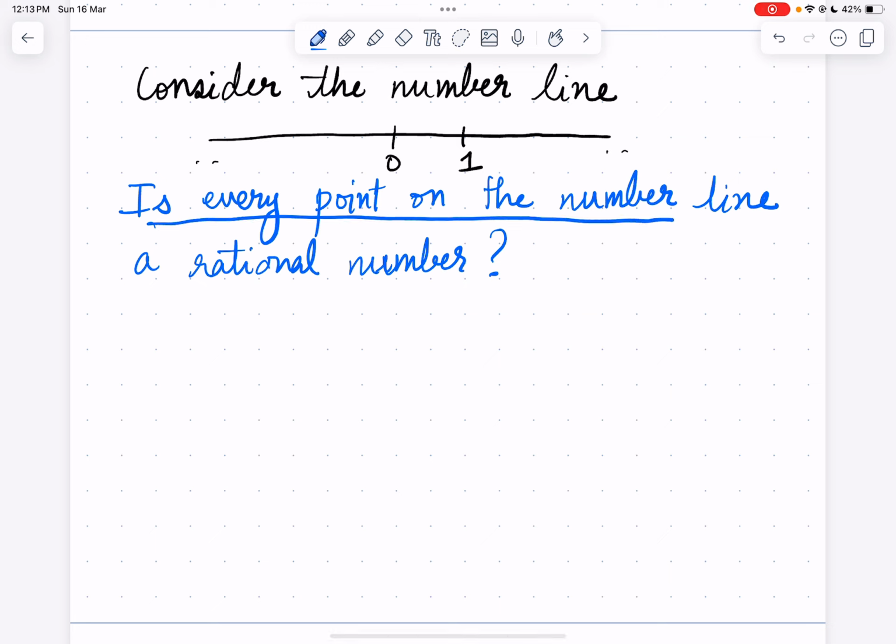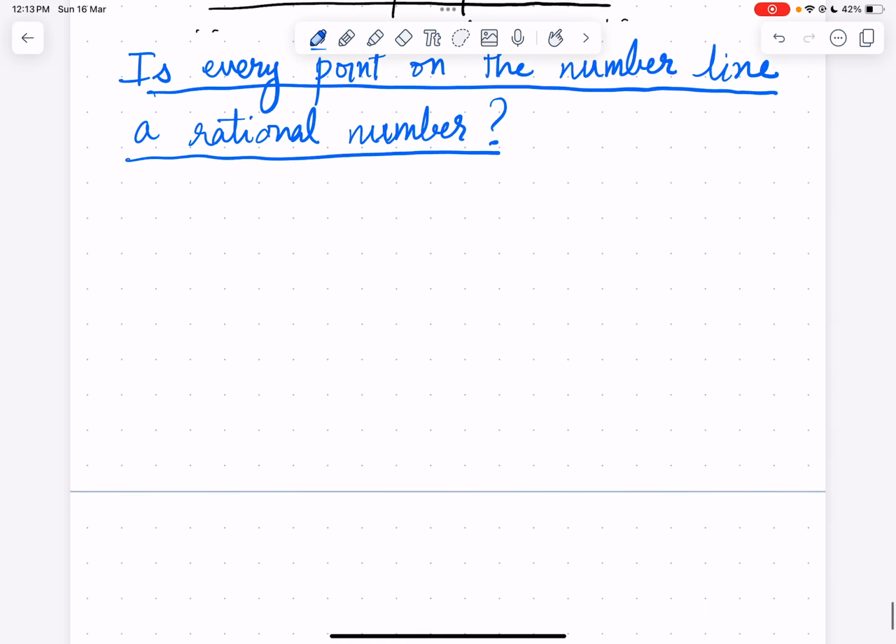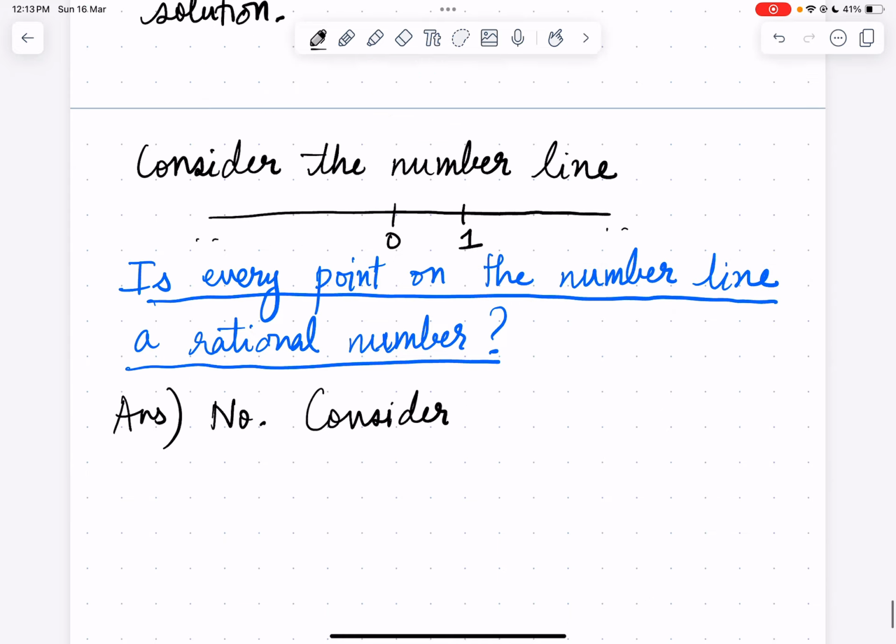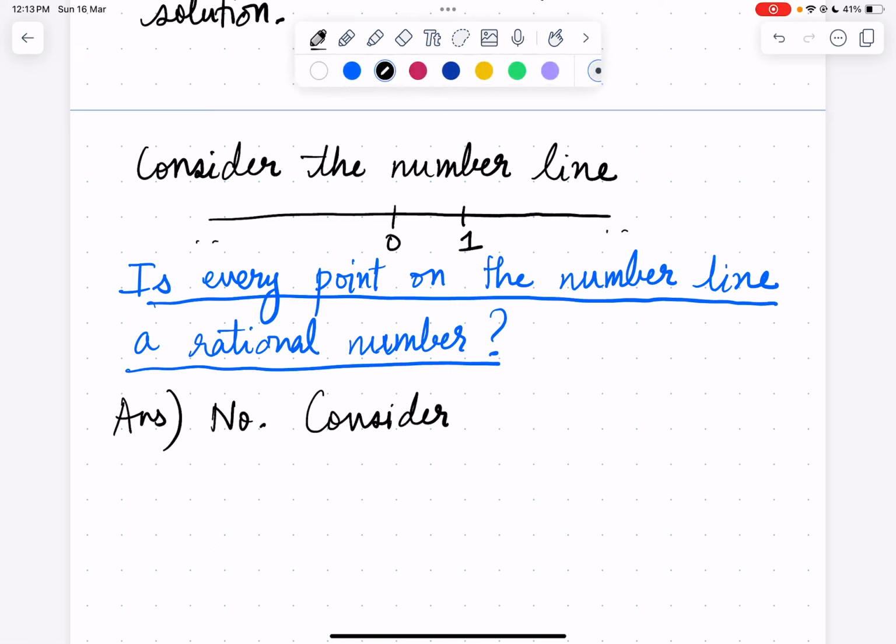Is every point on the number line a rational number? So the answer is no. If you pick any point, can we express it as a rational number? The answer is no.